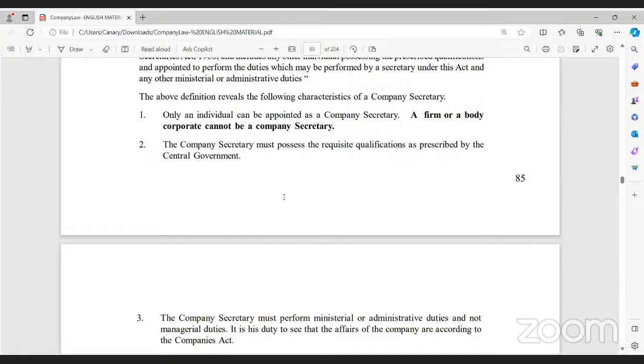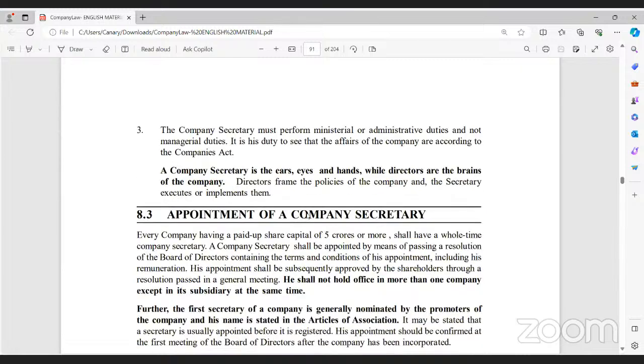The one who completes that exam and registers their name under the company secretary membership only should act as a company secretary. So he should be a member of the company secretary association, and he must also perform certain ministerial and administrative duties. He is the one who performs ministerial and administrative duties.